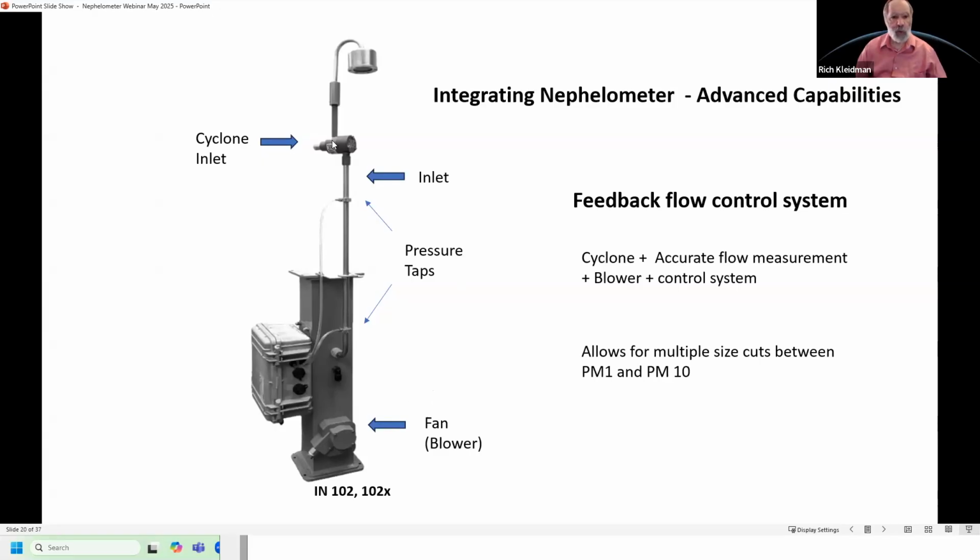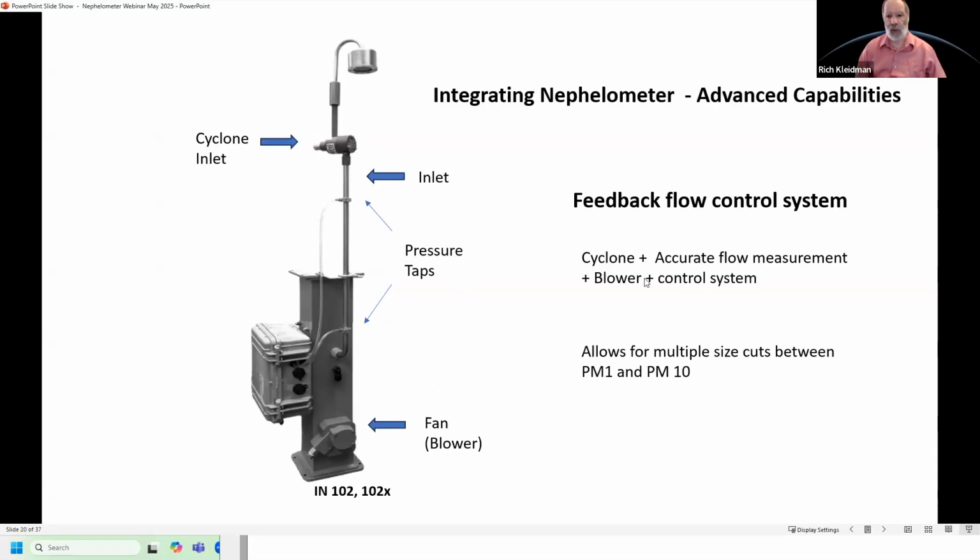And because we have the cyclone inlet, we can select the size of particles that we want to look at. These are typically designed for PM 2.5 or PM 10 because that's what people have most interest in looking at. We use one that has the most sensitive size cut at PM 2.5.